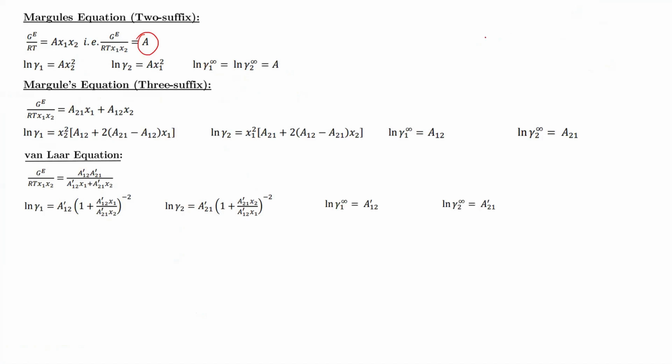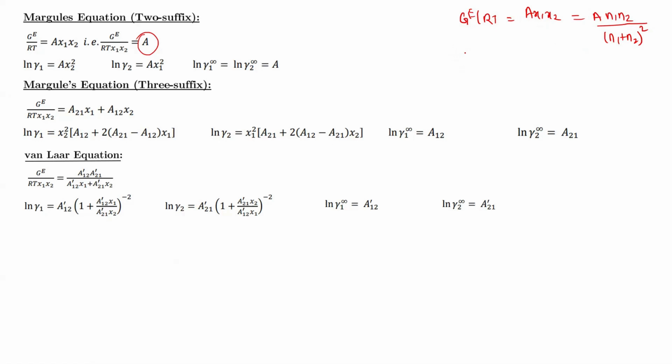Now, G by RT equals A X1 X2, which is A N1 N2 by N1 plus N2 whole square. I have just expanded the x1 and x2 here.